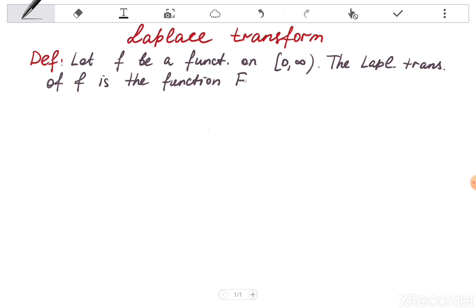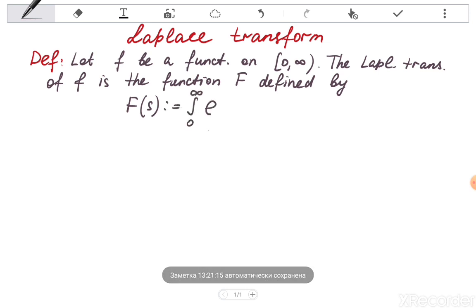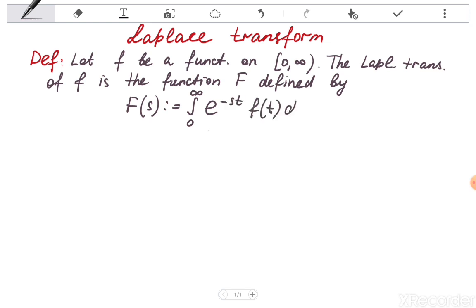Let's call it capital F, defined as follows. So F at a point s, this is by definition the integral from 0 to infinity e to the minus st f of t dt.